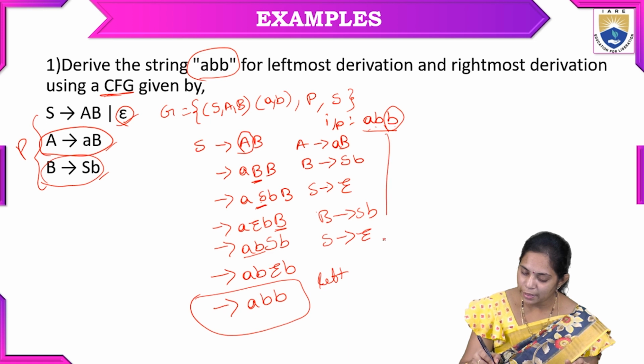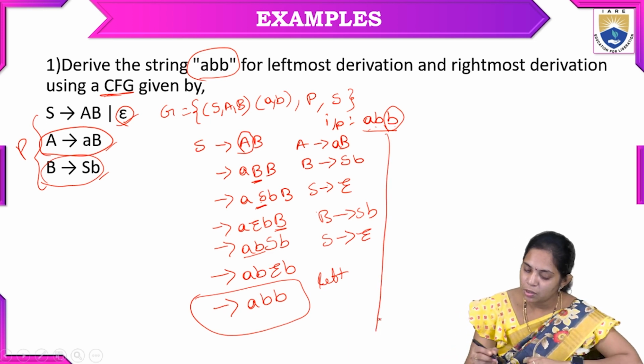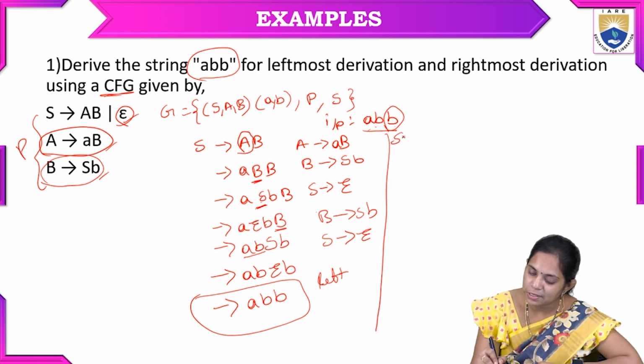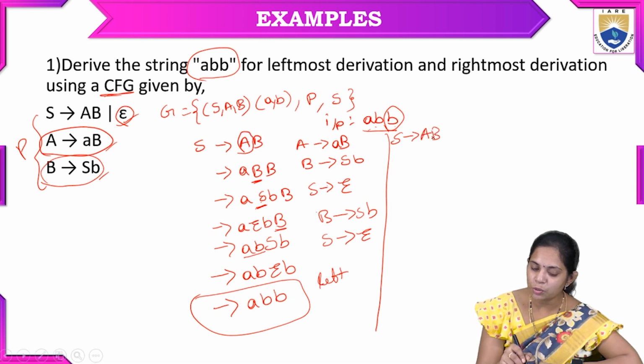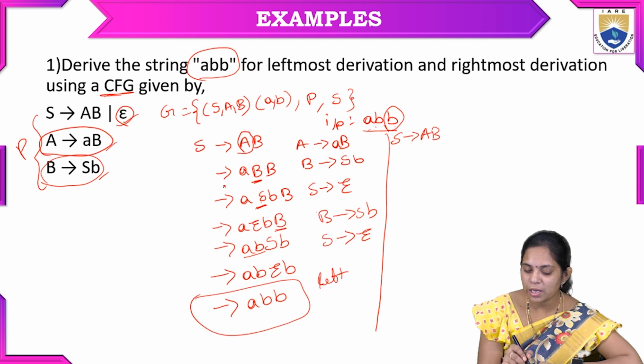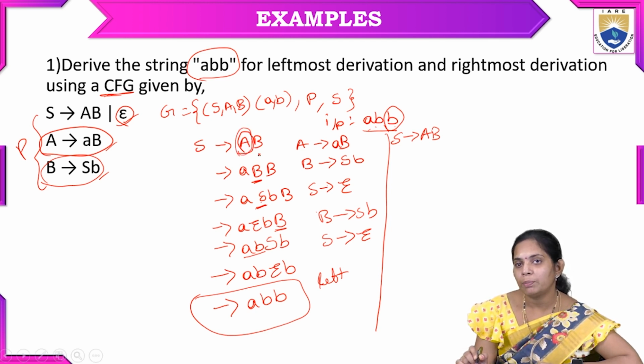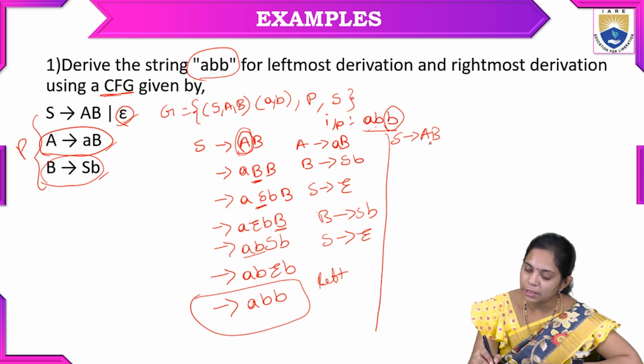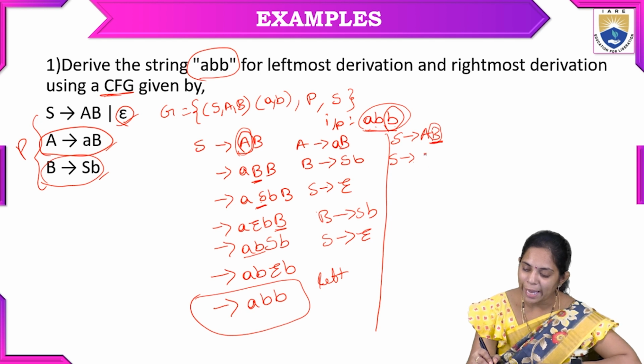So here we will write the rightmost derivation. For the first step, start state, we have to take AB, and in the leftmost derivation we took A as a non-terminal and replaced it. And in the rightmost derivation, B is there, according to our input string we have to change that. So S tends to AB.